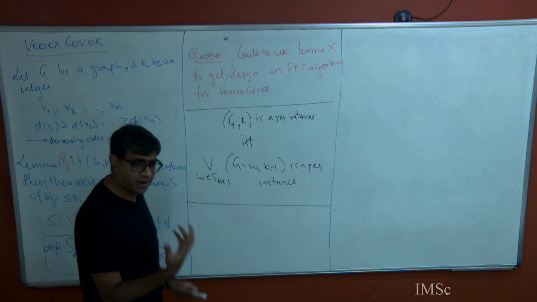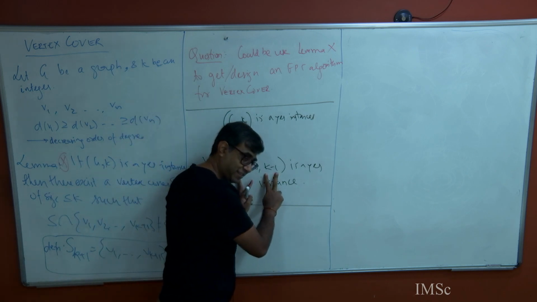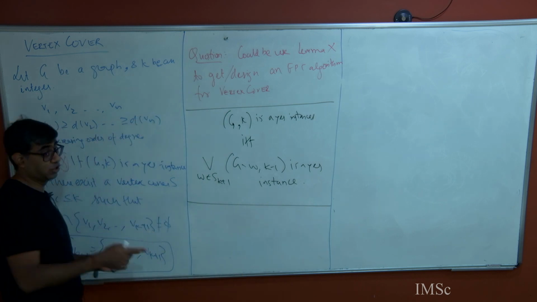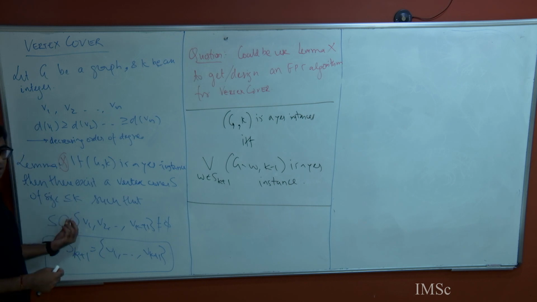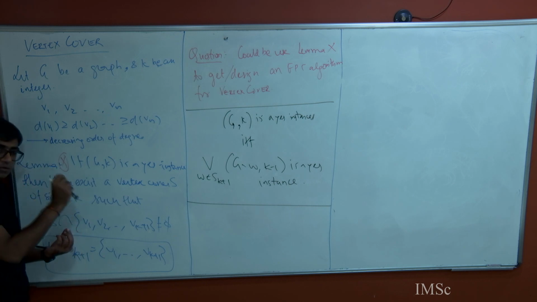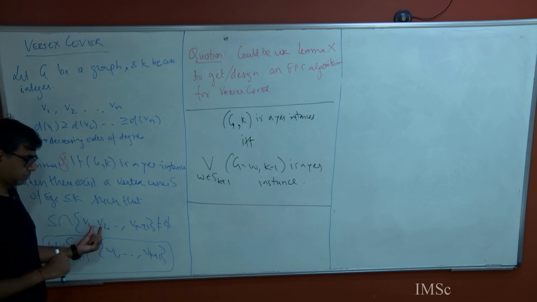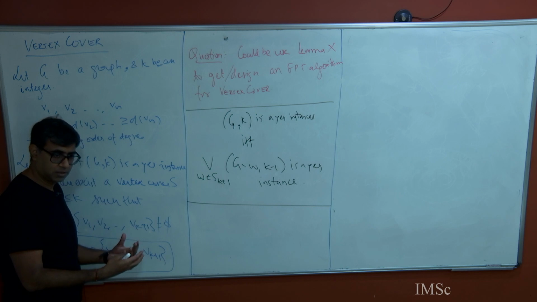I do not know which one of them is a yes instance, but one of them actually is. Either it is G minus V1, where I have decided to pick V1 into my solution, and in the remaining graph I am looking for a solution of size K minus 1. Or maybe it is V2, which is G minus V2 comma K minus 1.